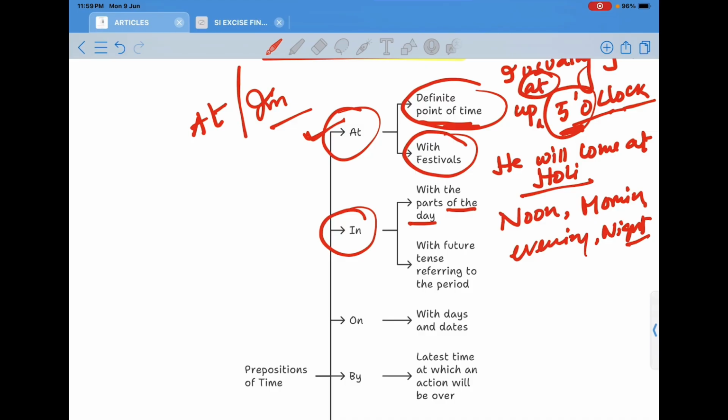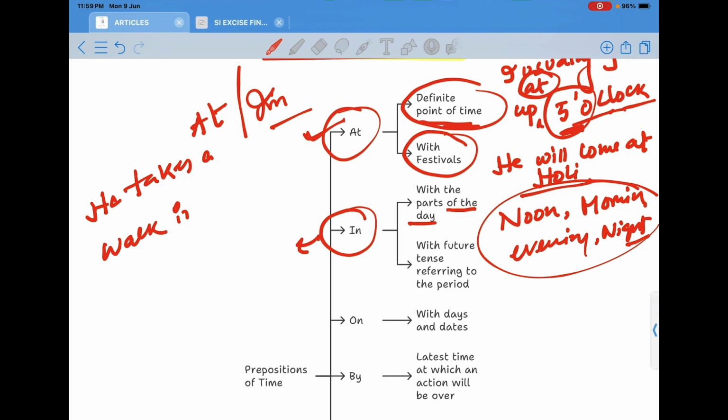Okay. So these things are parts of the day. So with these things you will use "in". For example, he takes a walk in the afternoon.